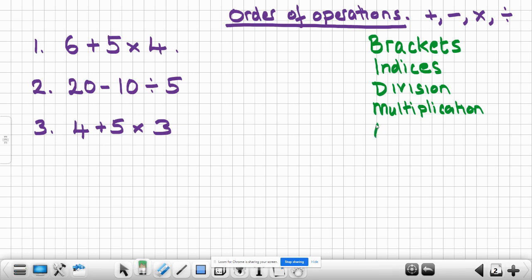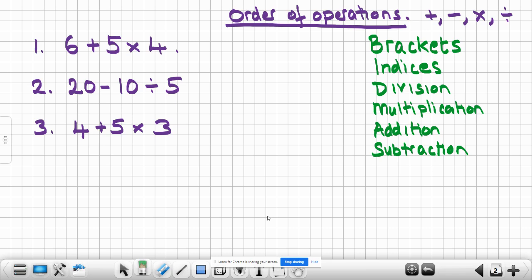And then finally, we have addition and subtraction. And again, because they are the opposites of each other, we can do those in either order, but they must come after we have dealt with brackets, indices, and division and multiplication. So there we have it. There's our order of operations.